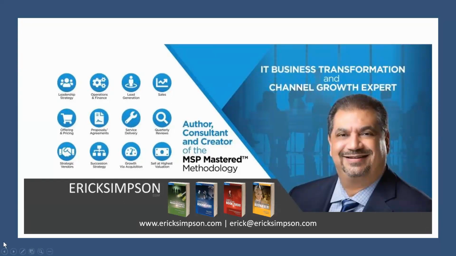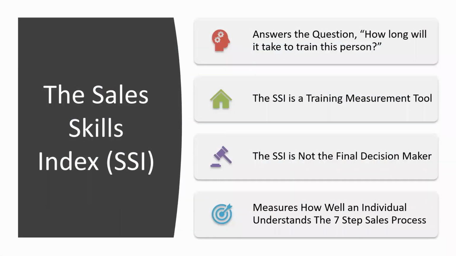All right, so while the DISC behavioral profile and the motivators assessments don't measure intuition, education, experience, training, expertise, any of that, just observable human behavior, the Sales Skills Index, which is today's focus, does measure a person's understanding of the 7-step sales process.